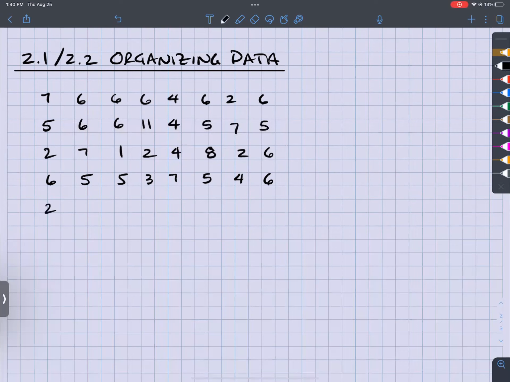And last line, 2, 2, 9, 7, 5, 9, 8, and 5.